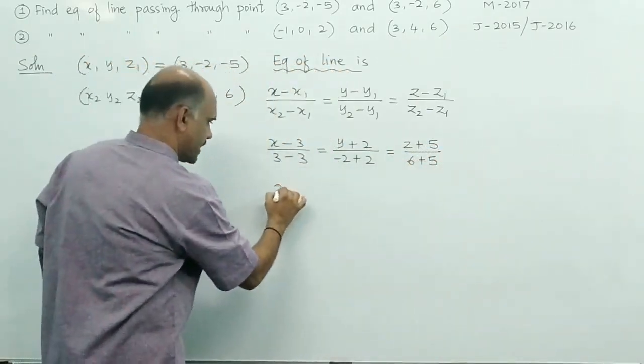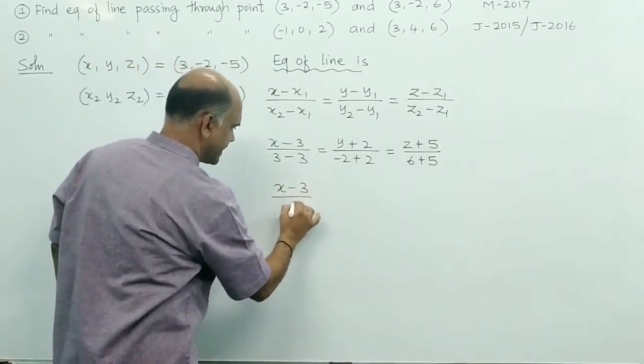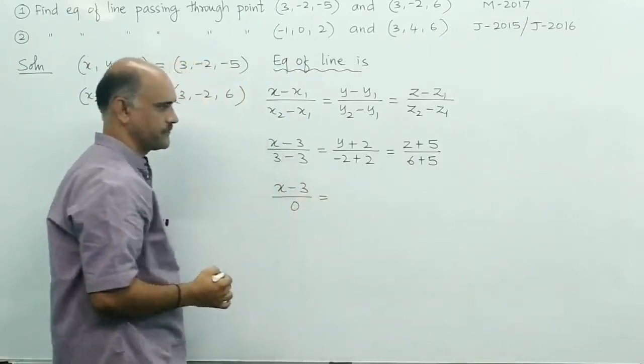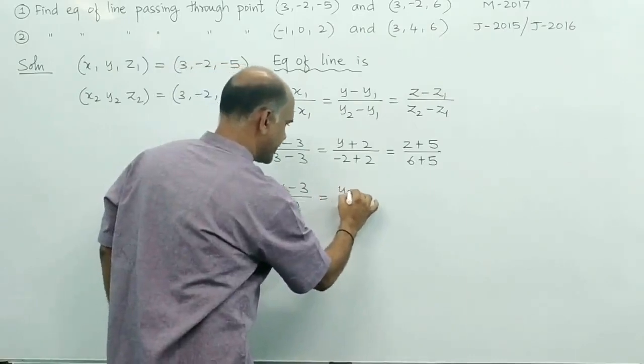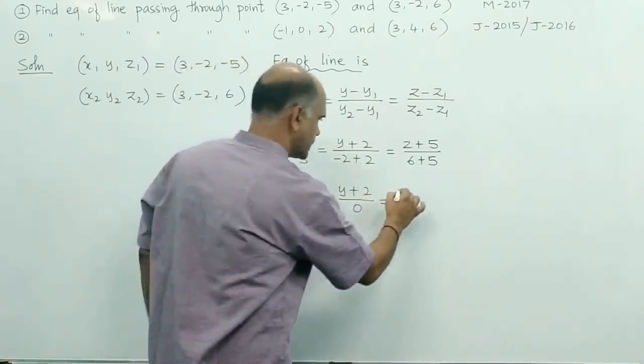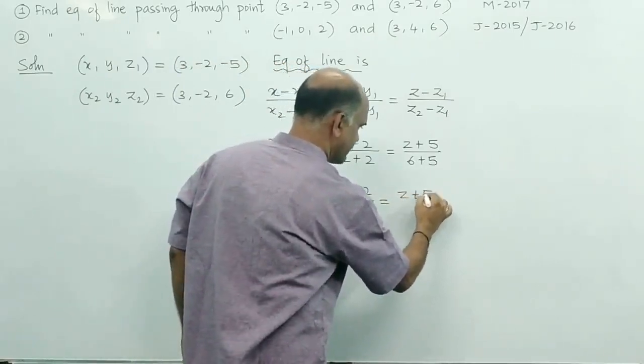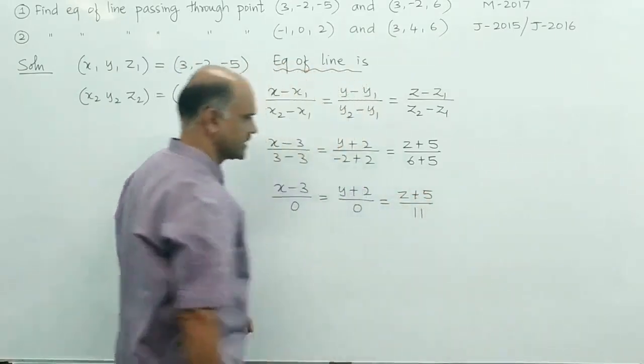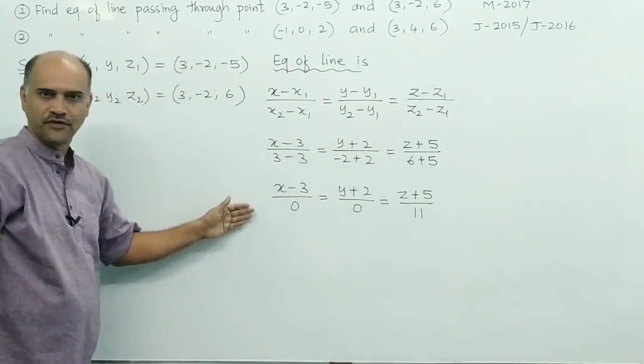So simplify: (x minus 3)/0 = (y plus 2)/0 = (z plus 5)/11. So this is the Cartesian form.